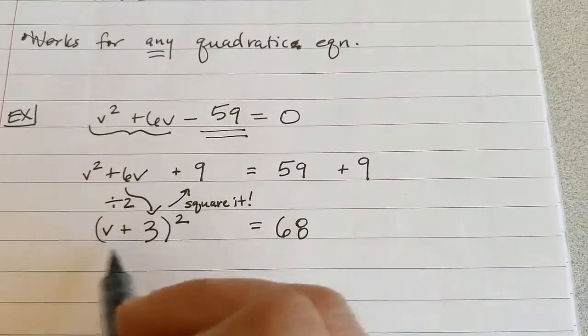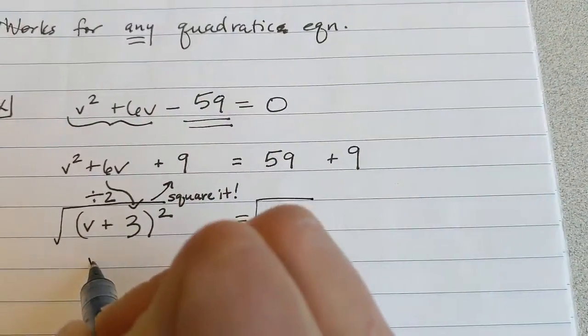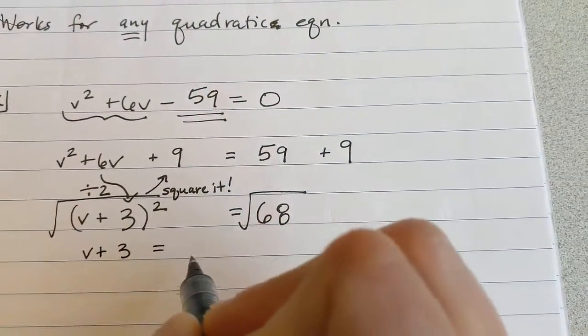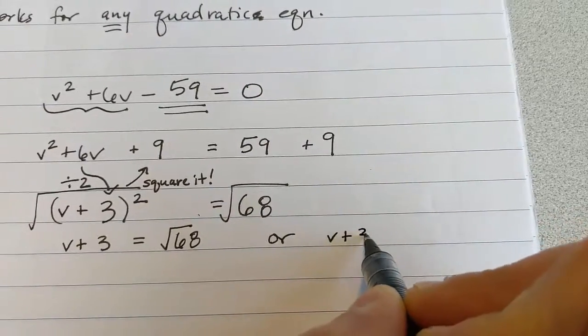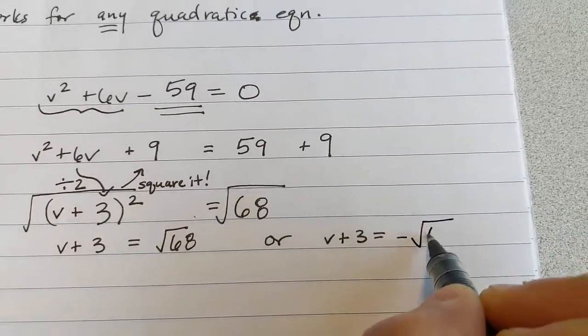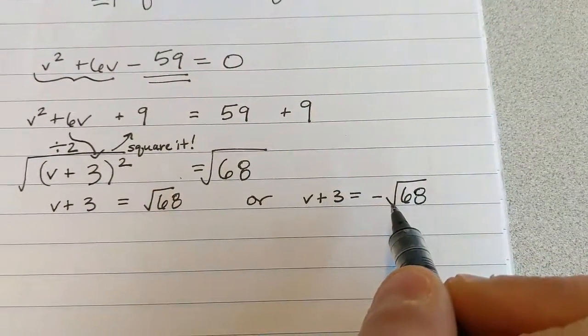Okay, now we've got something squared equals a number. We can take the square root of both sides. So v plus 3 equals the square root of 68, or v plus 3 equals negative root 68. Two solutions.